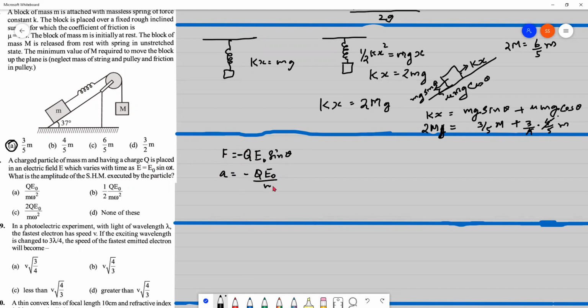Acceleration is equal to force by mass. For small angles, I will take it's a theta. So if I compare this one with this, this is going to be omega squared. So omega squared is equal to Q E naught divided by m.